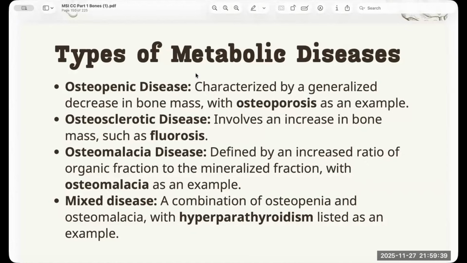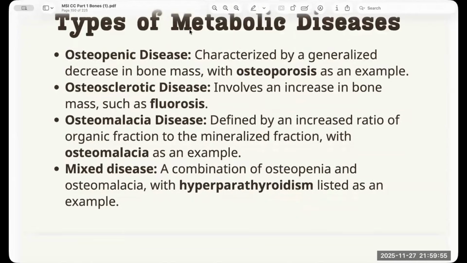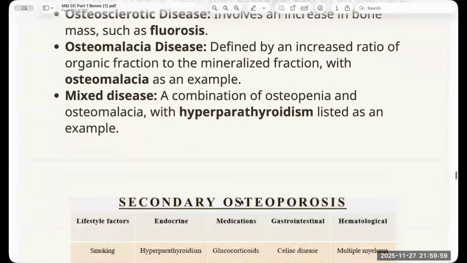Osteomalacia disease, which is an increased ratio of the unmineralized fraction, so it's weakening of these bones. Osteomalacia is the main example. Last one is mixed disease, a combination of osteopenia and osteomalacia, with hyperparathyroidism listed as an example. Okay, we did mention hyperparathyroidism before.